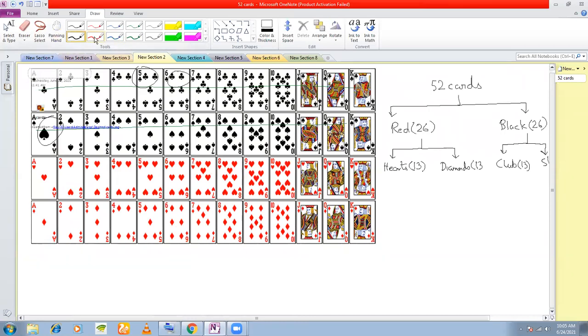Now, these are all called suits: hearts, diamonds, clubs, and spades. These are all called suits. Now, in each of these suits, what do you have?